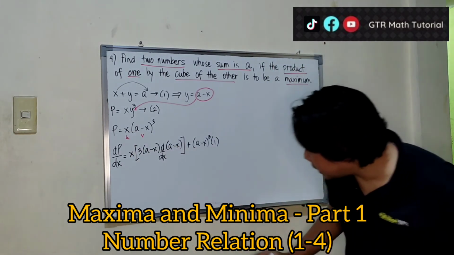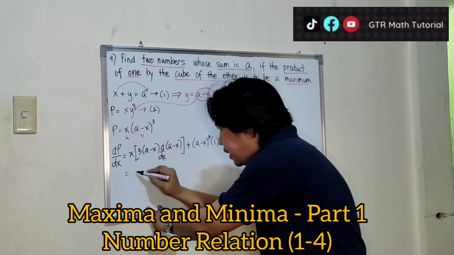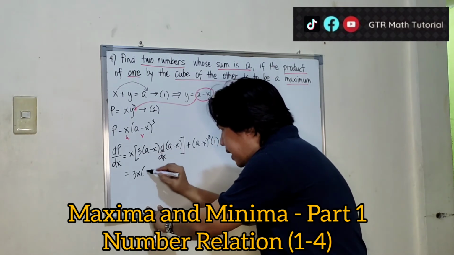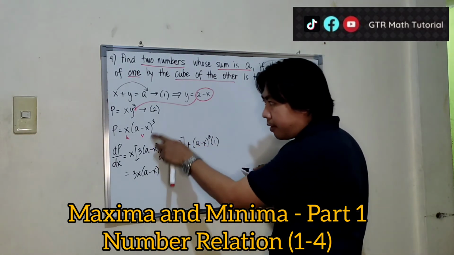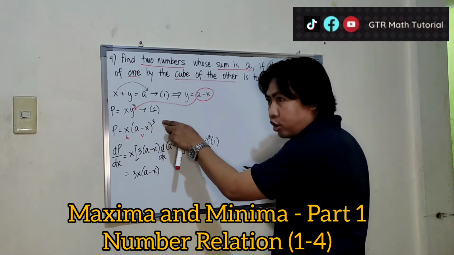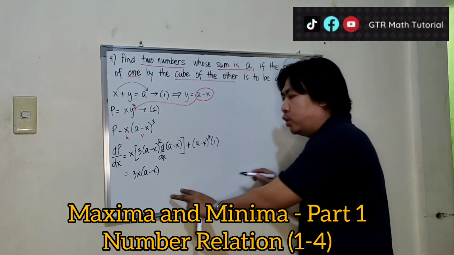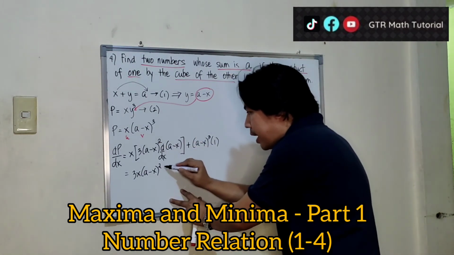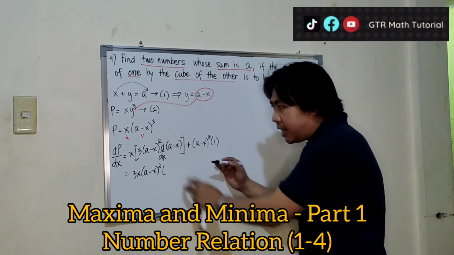Okay, so let us just simplify. So we have 3 times x, so that is 3x times a minus x. Or, we forgot the square. So we have 3 times a minus x, then 3 minus 1, so this is exponent of 2. So 3 times a minus x squared times the derivative of a. A is constant, so the derivative of a is 0.